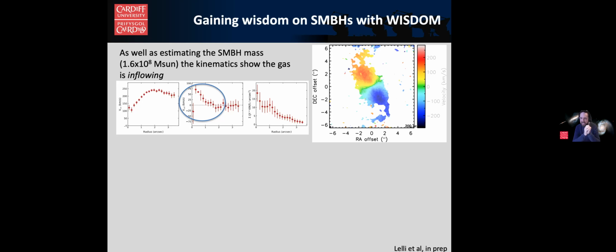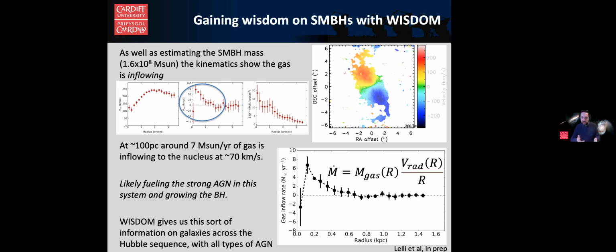We're able to tell it's inflow because we know which side of the galaxy is which. You can model this, and you find that you've got about 7 or 8 solar masses a year of cold molecular gas flowing inwards at about 70 kilometers a second towards the nucleus of this galaxy. And this is likely what's fueling the very strong AGN in this galaxy and fueling its black hole.